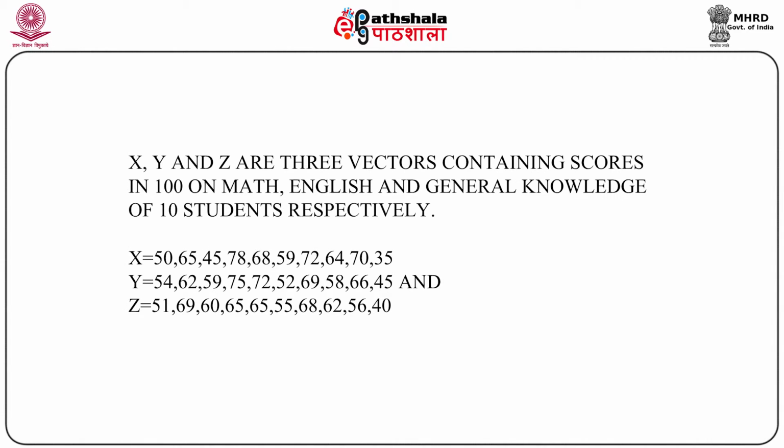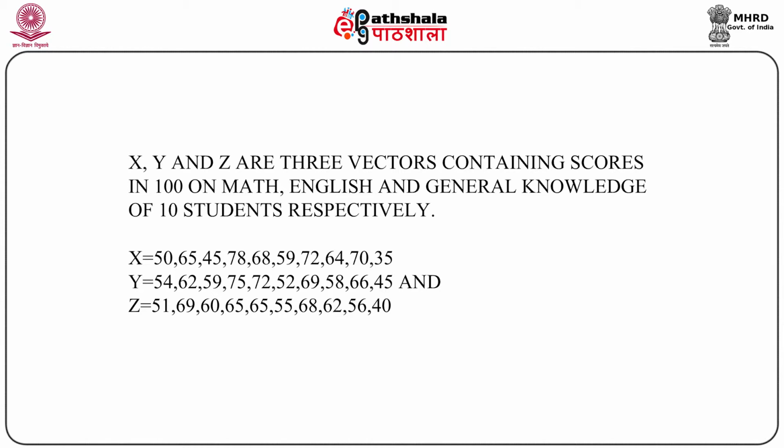Now let's consider this example. Suppose x, y and z are three vectors containing scores out of 100 in maths, English and general knowledge of 10 students respectively, where x, y and z are vectors of length 10.